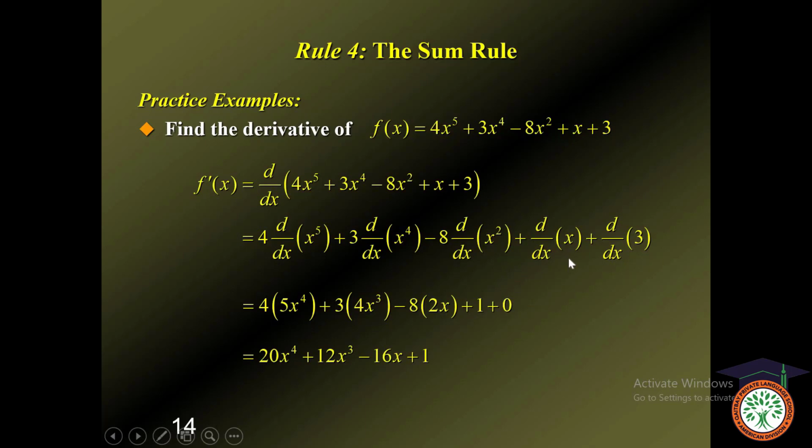You have to remember the derivative of x is 1, and the derivative of any constant is 0. Okay, now let's remove the brackets and simplify. 4 times 5 is 20x power 4, 3 times 4 is 12x power 3, negative 8 times 2 is negative 16x, plus 1, and the new value here: 1 plus 0 is 1.